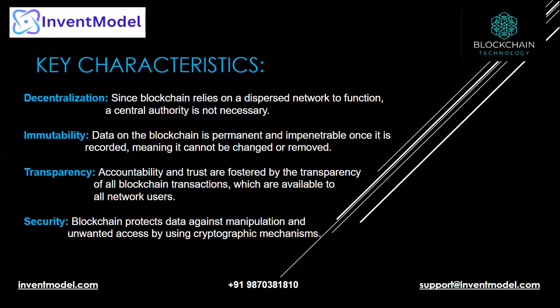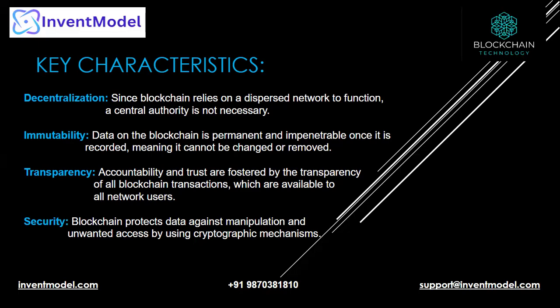So first we are going deeper into these characteristics. First we talk about decentralization. In a traditional system, a centralized authority like a bank or government manages control over data or a transaction. But blockchain eliminates the need for such intermediaries by distributing the ledger across a network of nodes or computers.